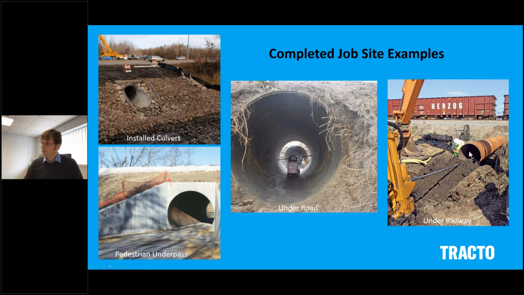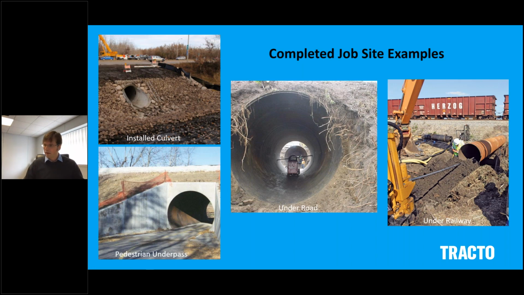The picture on the far right shows again the installation of a steel pipe at very shallow depth whilst keeping the flow of traffic, rail traffic, uninterrupted. So it is highly flexible. Ramming also doesn't need to be horizontal. We can ram in almost any direction.